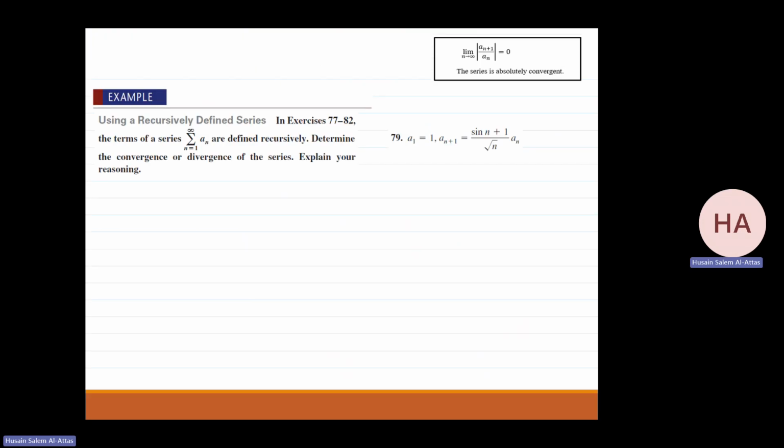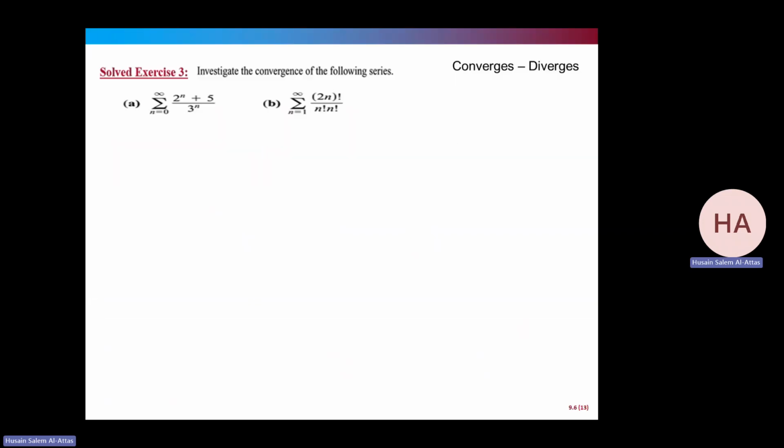Let me do more examples. I have this series with 2 to the power n plus 5 over 3 to the power n. I need to check this limit. a_n is what? 2 to the power n plus 5 over 3 to the power n.